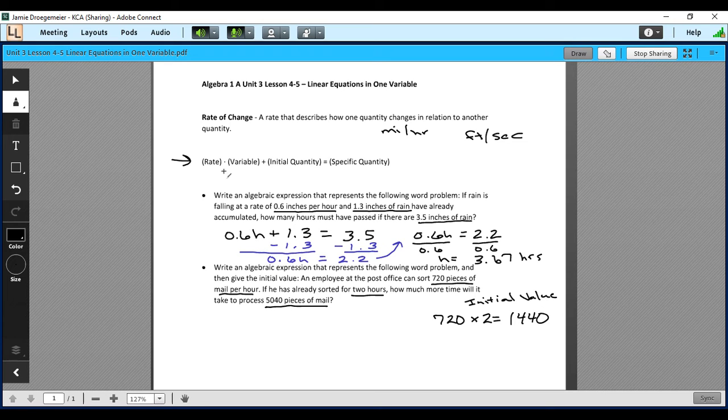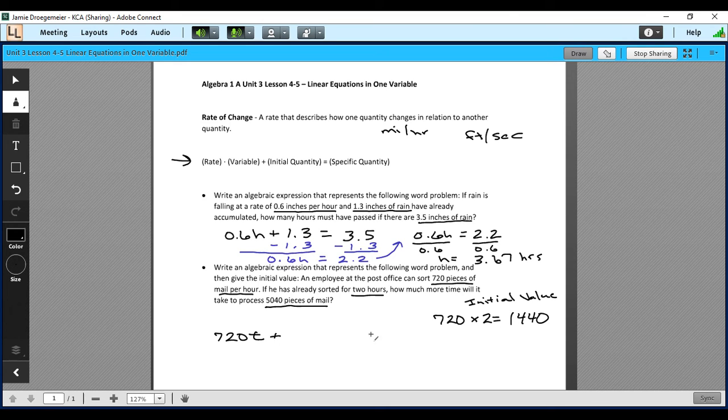So when we go to do our equation, we have our rate times our variable. So 720. Our variable here, we're trying to find how much time it's going to take him to process 5,040 pieces. So time is our variable. I'm going to use t to represent that.